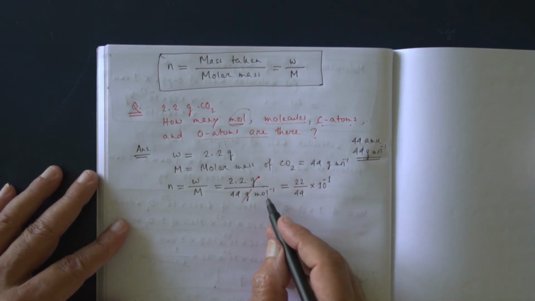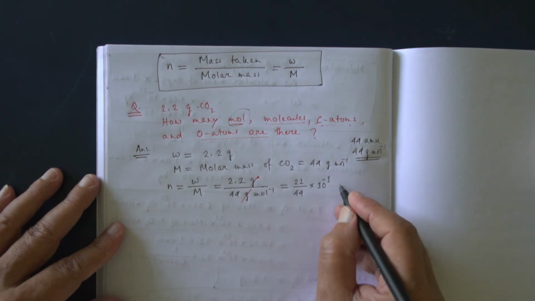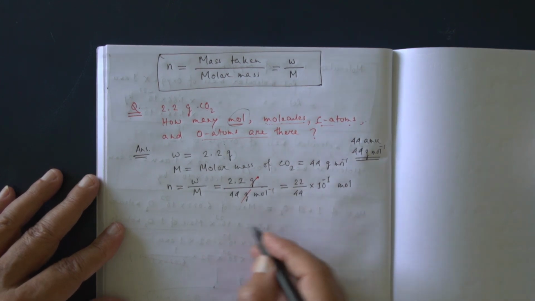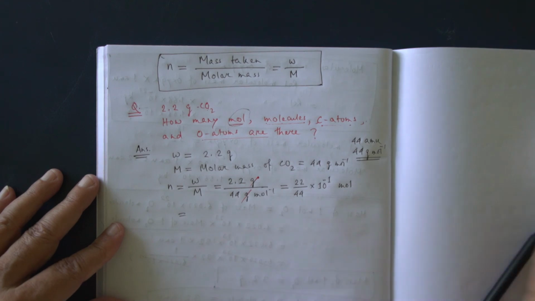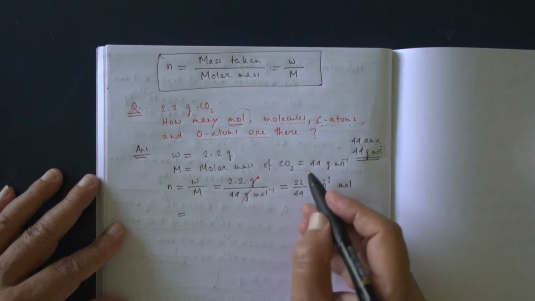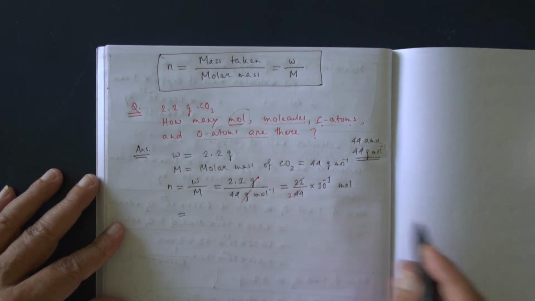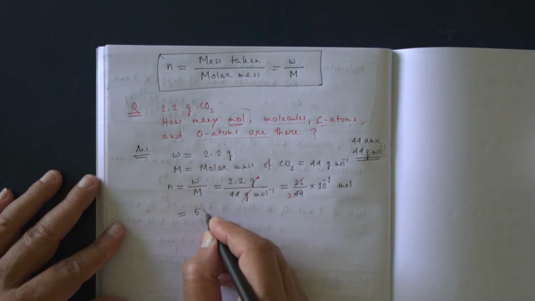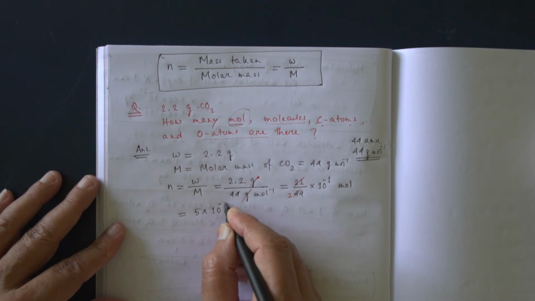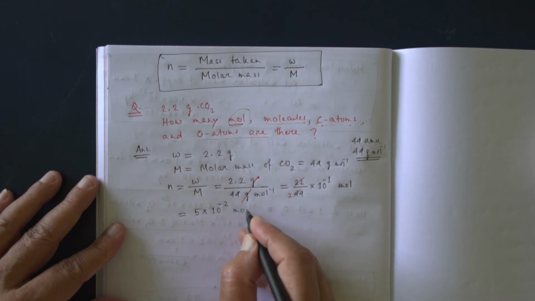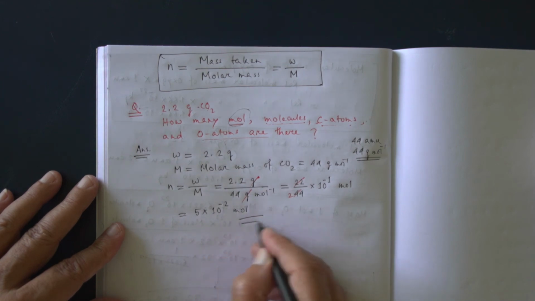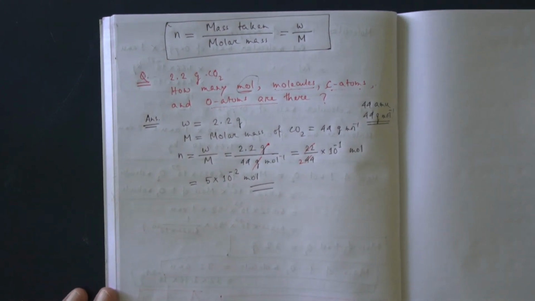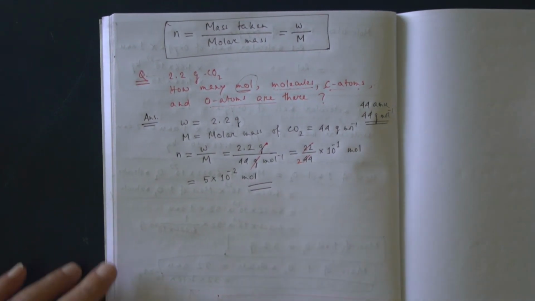Mole to the power minus 1 goes up and becomes mole. So this will be equal to 5 into 10 to the power minus 2 mole.